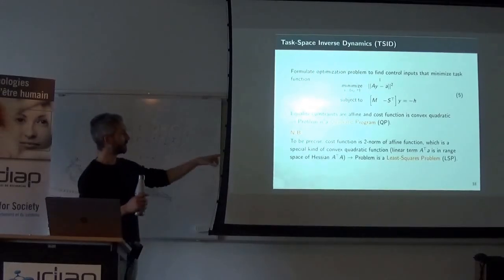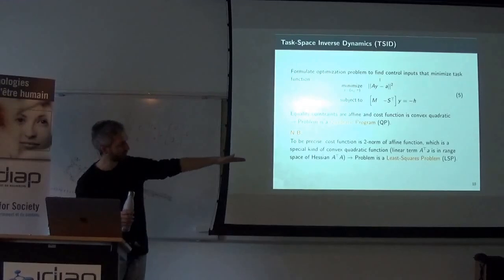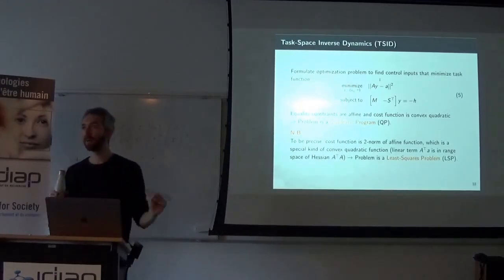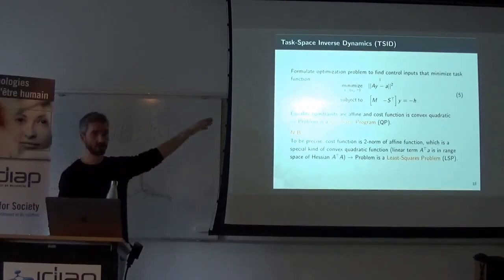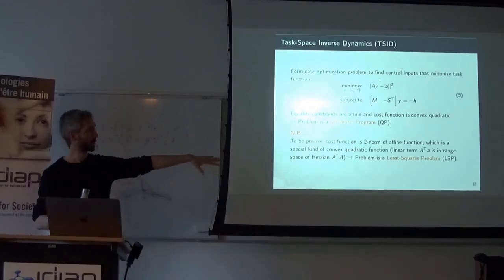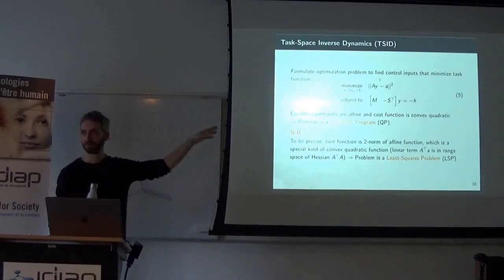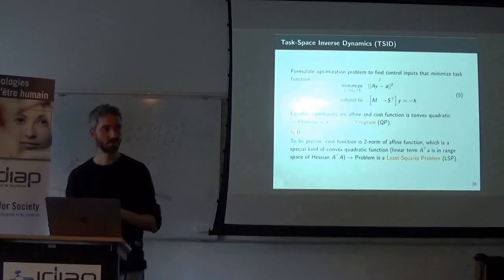So this is actually not a generic quadratic program. To be more precise, it's a least squares problem. We don't care much. From now on, I will always talk about quadratic programs, QP, but sometimes I may also refer to it as a least squares program. So you know what these two mean and what the difference between them is.